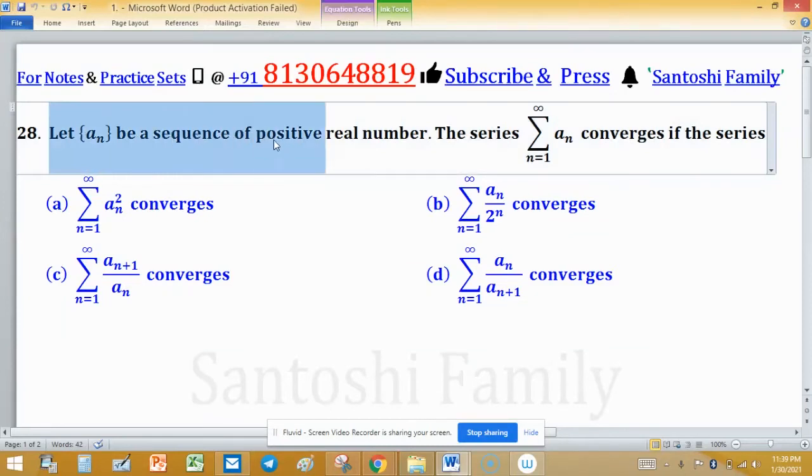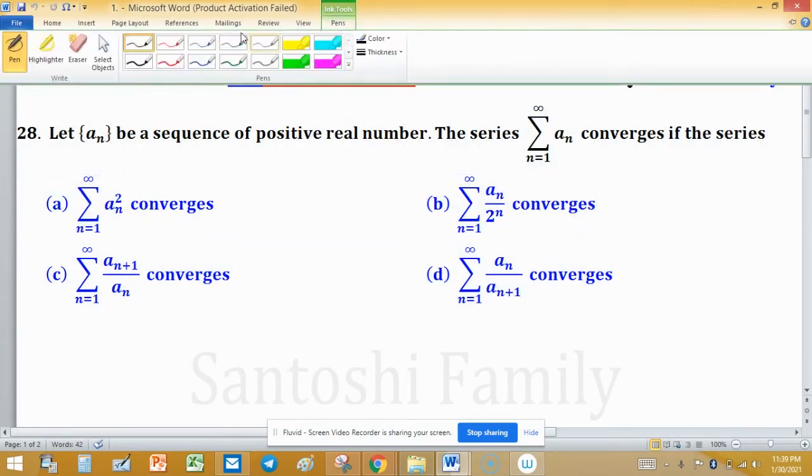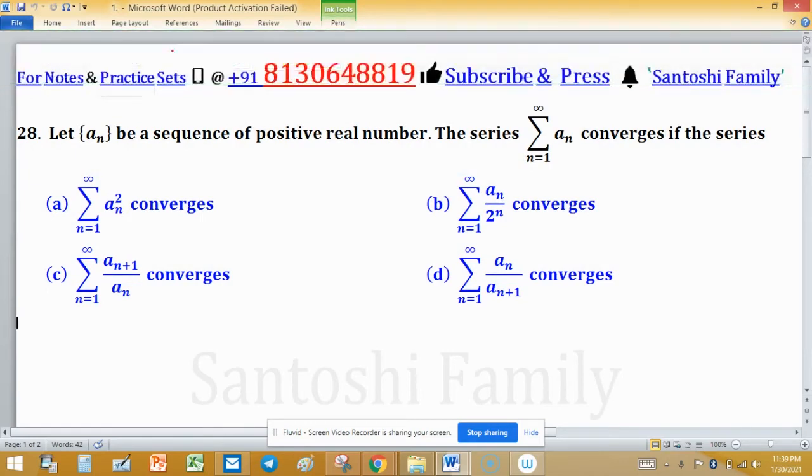Let a_n be a sequence of positive real numbers. The series of a_n converges if the series... we have 4 options, and in the 4 options, a series is given to us. Convergence of these series implies the convergence of the series a_n, meaning we have to check whether, if option A is true, then the series a_n is convergent.